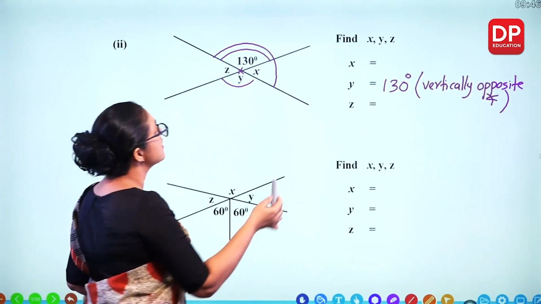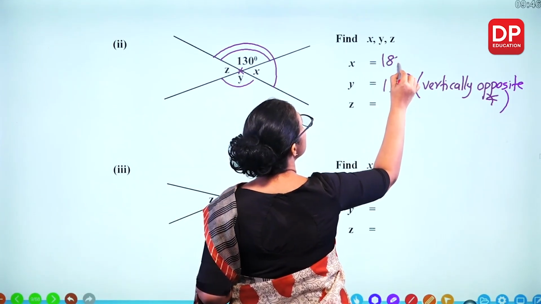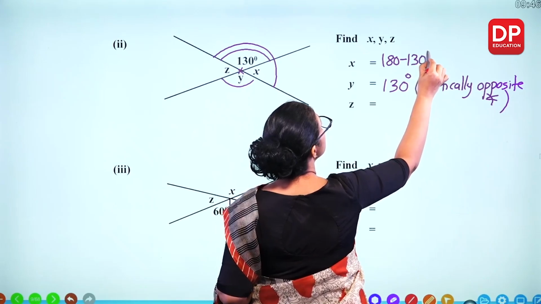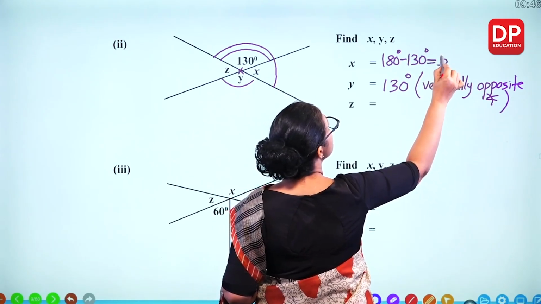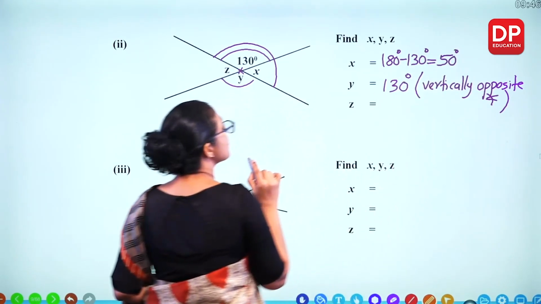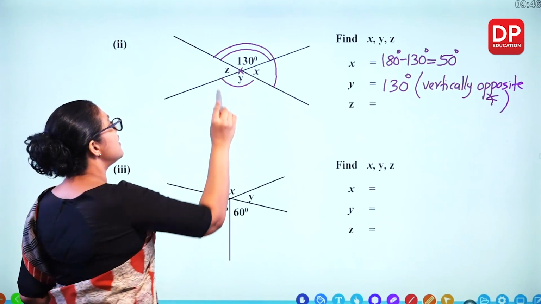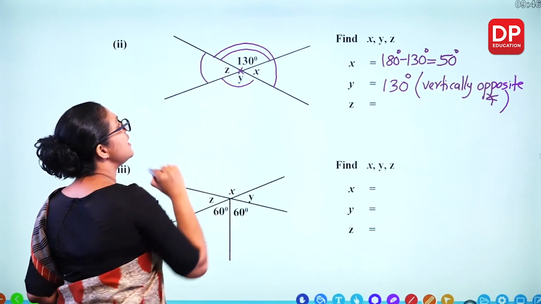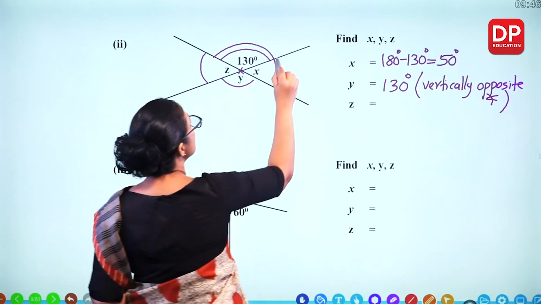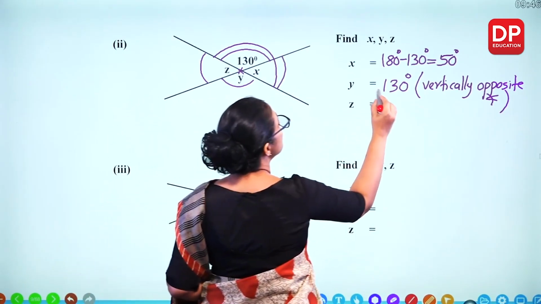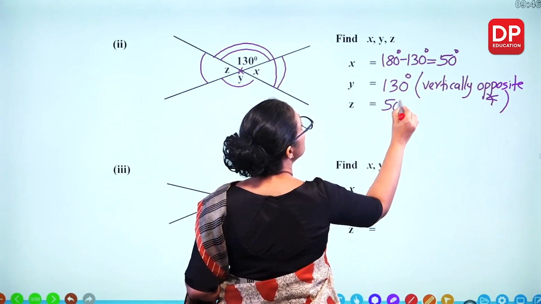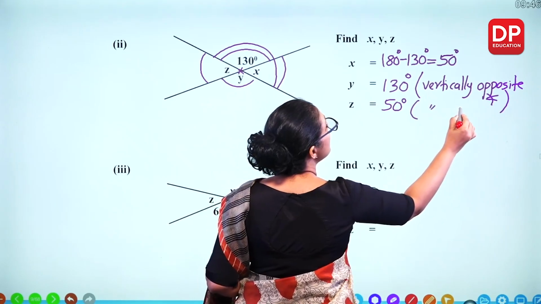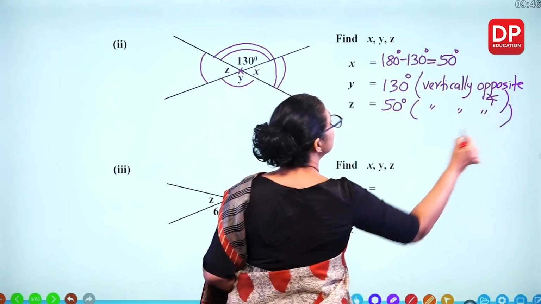So what is x? 180 minus 130. That's 50 degrees because of straight angle. Now we know that x and z are vertically opposite angles. So these two are equal. So x and z both are equal, vertically opposite angles.